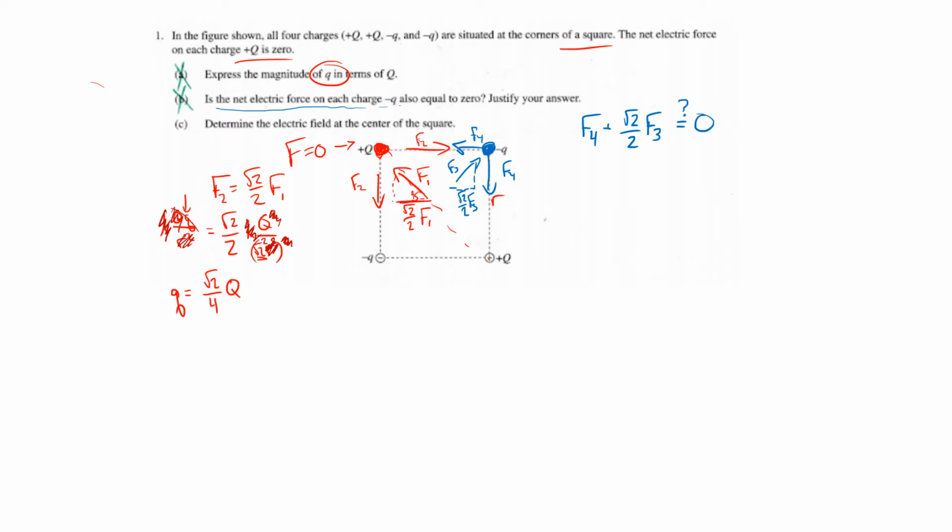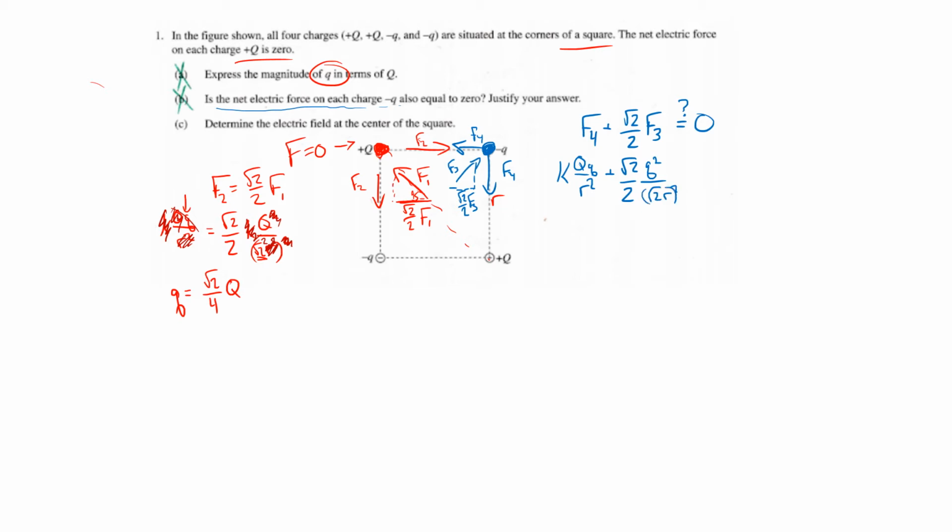F4 is between the two of them here, so you're going to have k times big Q, little q over r squared. Let's just leave it as r. Worked well last time. And then over here, we're going to have root 2 over 2 times F3. So F3 is going to be little q squared divided by r squared. Well, the radius for here is going to be, just like before, root 2 r squared.